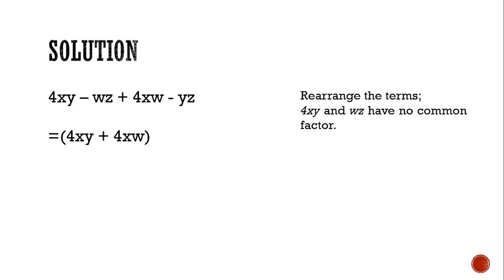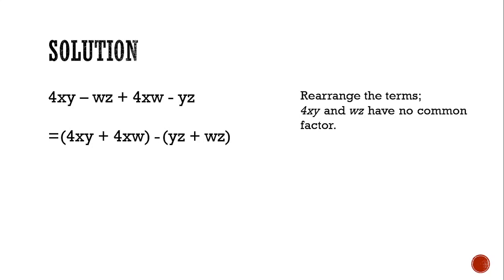Open parenthesis 4xy plus 4xw close parenthesis minus open parenthesis yz plus wz close parenthesis. Sir, bakit po naging positive yung yz and wz? Kasi yung negative sign andun sa labas ng parenthesis.